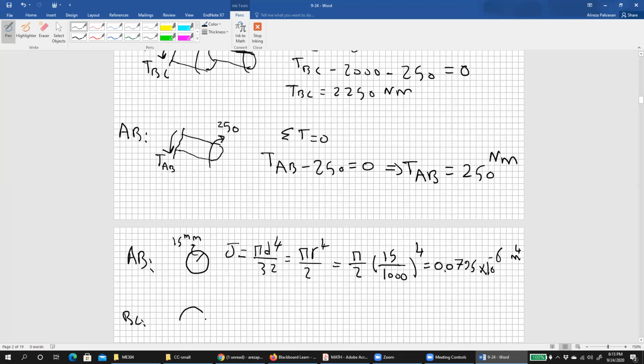For BC, we have this. It could be this radius, 30 millimeter, right? Professor, how come you use... oh, because it's 60. Never mind.